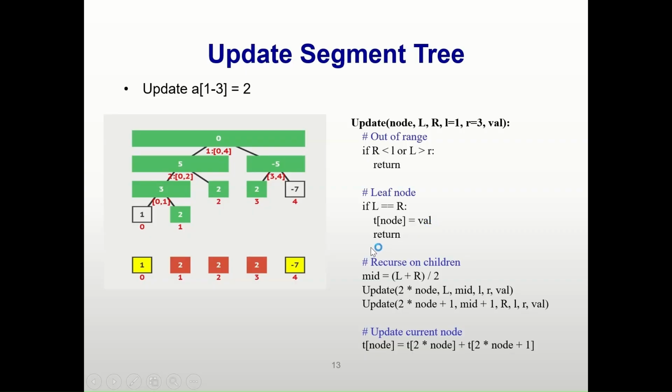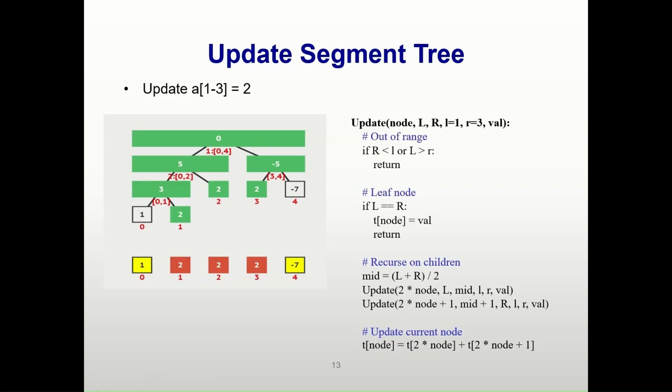Otherwise, we will recursively update. Same as building the tree, we first find the middle point and update from left to right. After both are done, we recalculate the parent node.